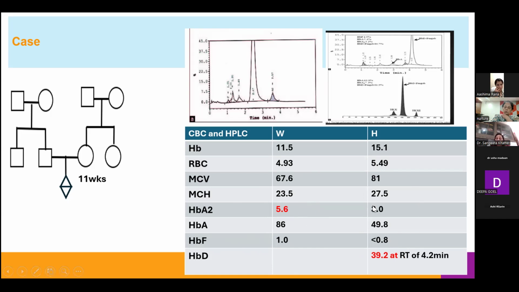Maybe if cost is a constraint, at least I will confirm the husband's status of HbD Punjab. We confirmed the status, it was HbD Punjab. In these cases, there are usually no clinical consequences with thal minor and HbD Punjab, and we don't do prenatal diagnosis in these cases.